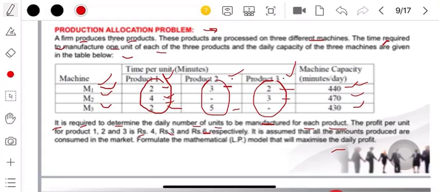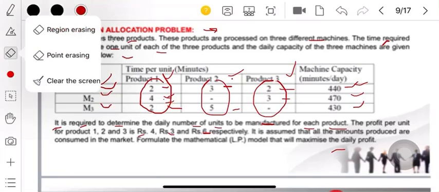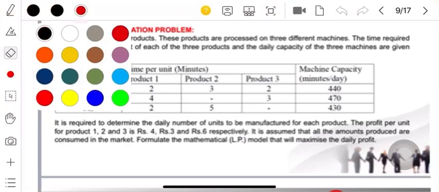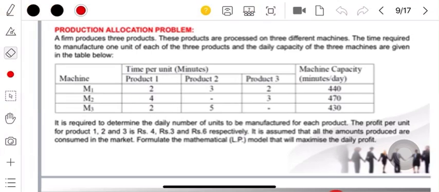One thing you can ask me is that it is clear from here that the maximum profit is from product 3, as it is given rupees 6. Okay, so we should produce only product 3.